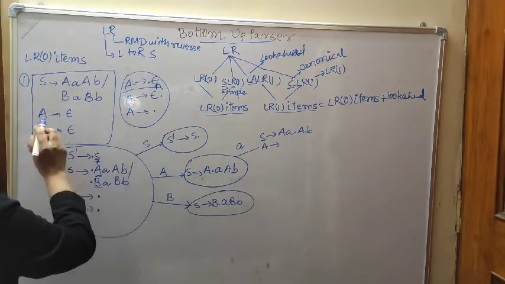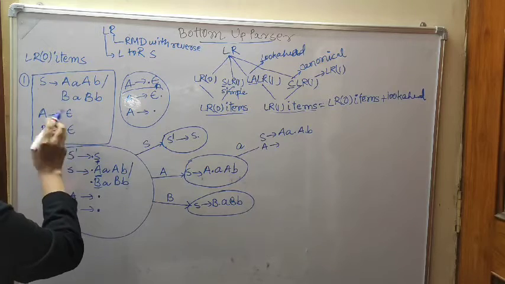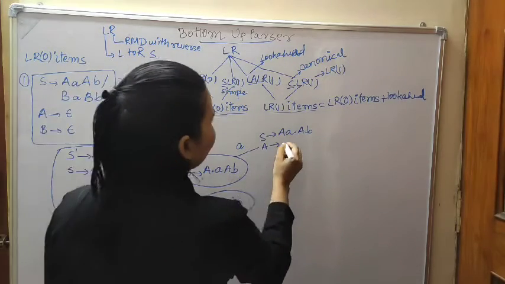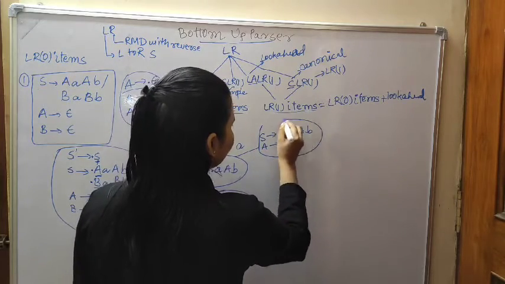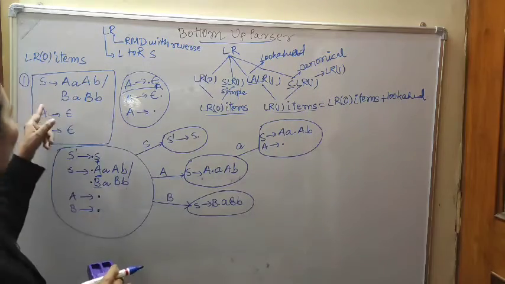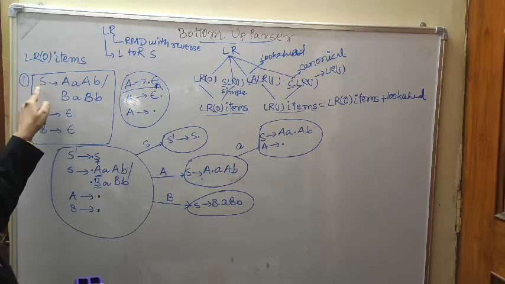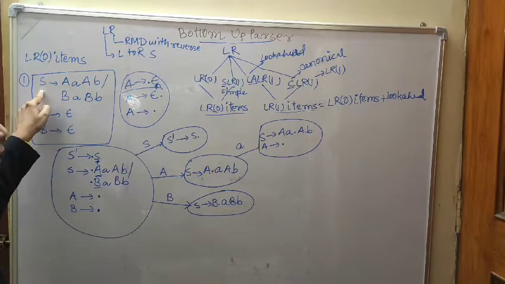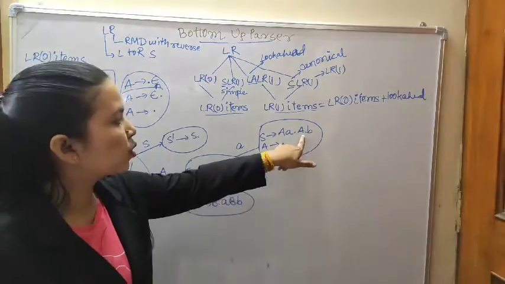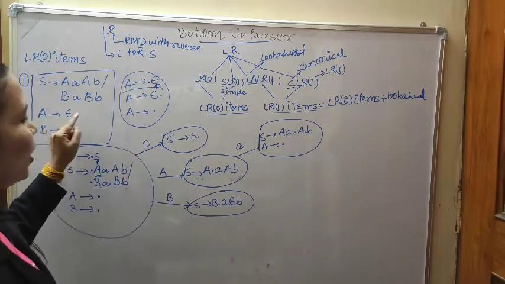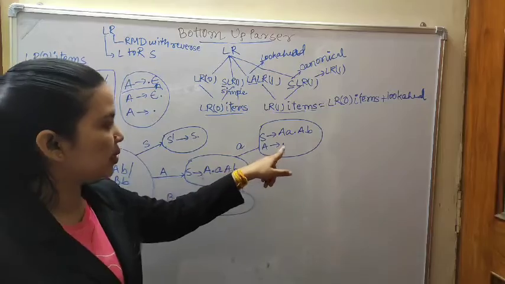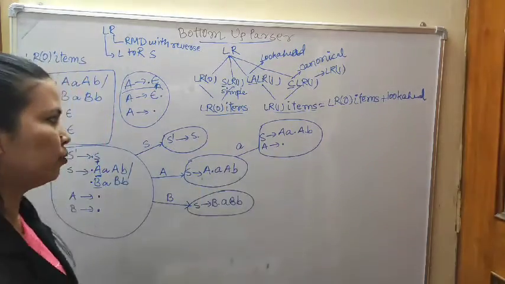So what is the A production rule? A2 dot. We cannot write this one, because this is the production rule of S. We are finding the production rules of A. A's production rule is epsilon. Epsilon means dot. We have seen already. That means it is a final item.